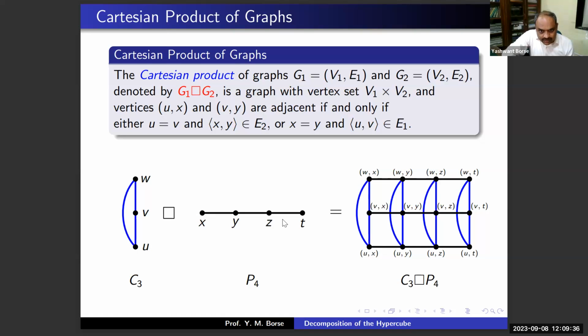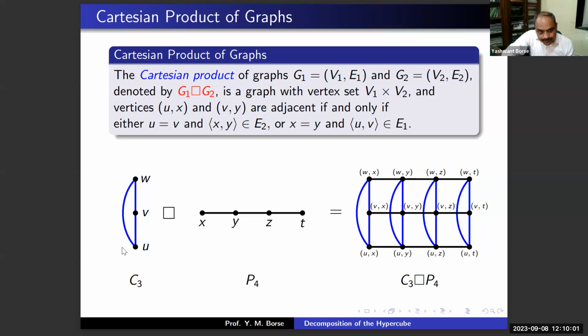So replace these 4 vertices by these 4 copies of C3, and then put the edges. Suppose X is adjacent to Y, then put the edges between the 2 copies corresponding to X and Y. Similarly, put the edges between the copies corresponding to Y and Z. Similarly, Z and T and so on. So this is the way.